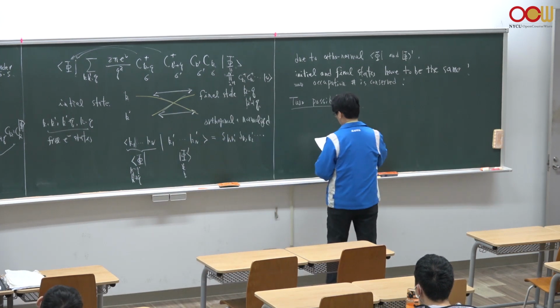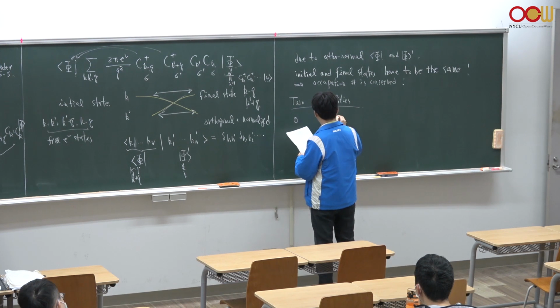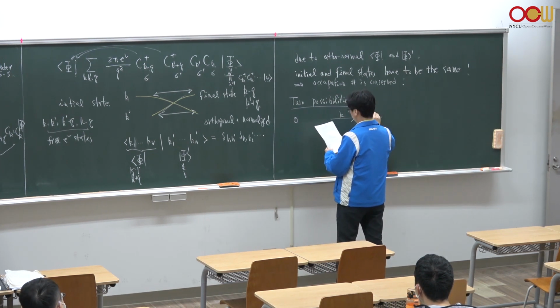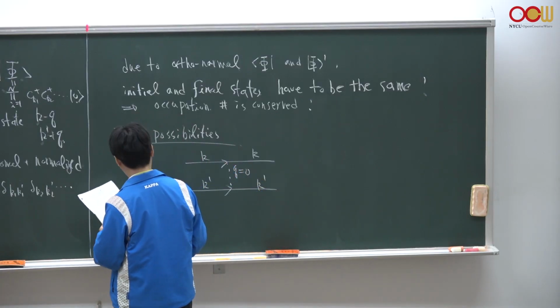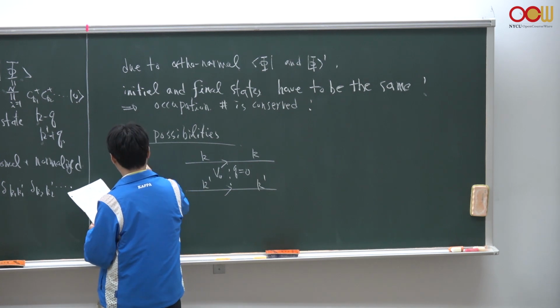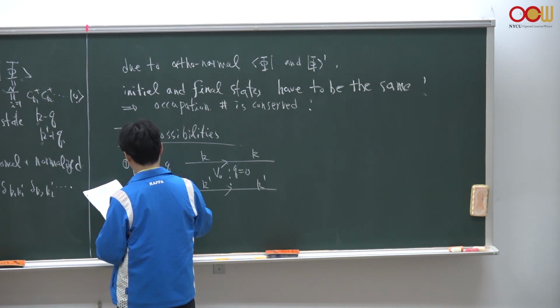So the 2 possibilities are that you get a direct scattering, k to k and k prime to k prime, with the exchange momentum q equal to 0, which we call v0. And so in that sense, k equals k minus q and k prime equals k prime plus q.